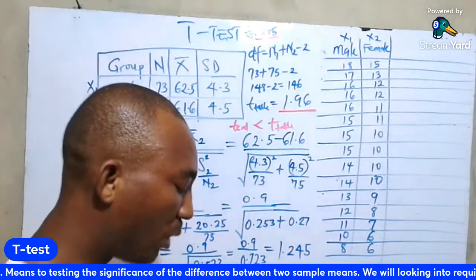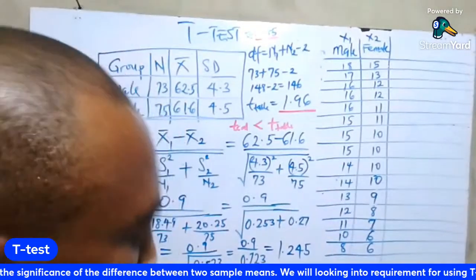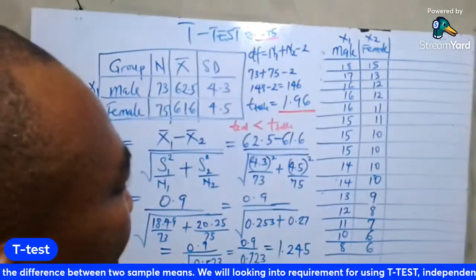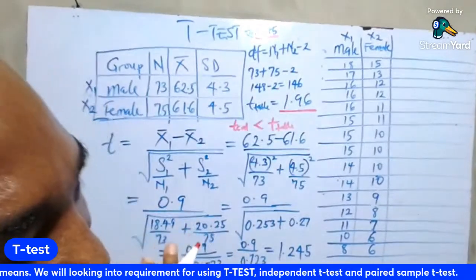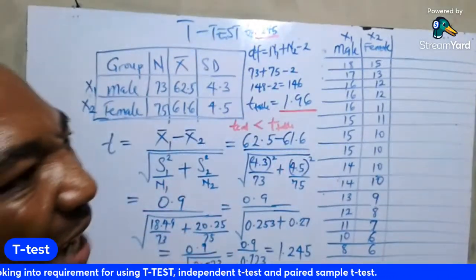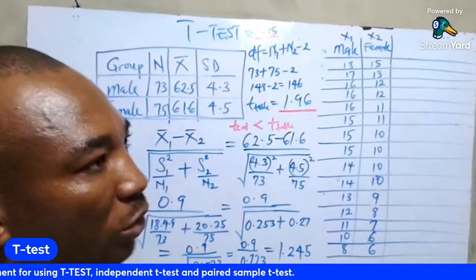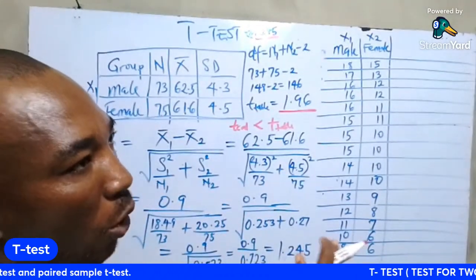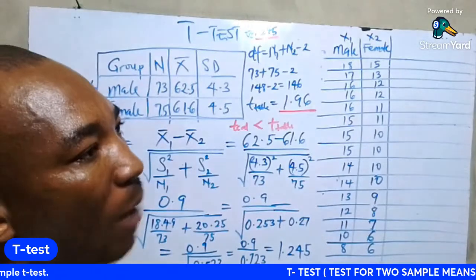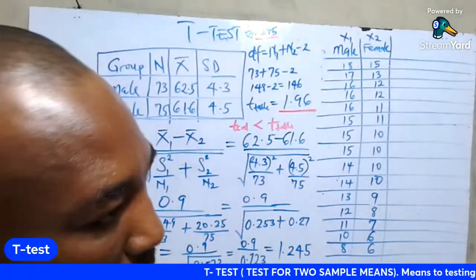And when it is like that, what do you do? When it is like that, you accept the null hypothesis. You remember at the beginning we said the null hypothesis says there is no significant difference between the gender scores of the students, while the alternative said there is significant difference.